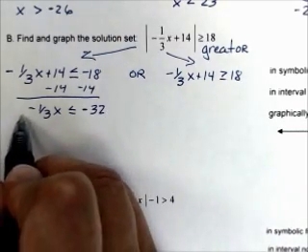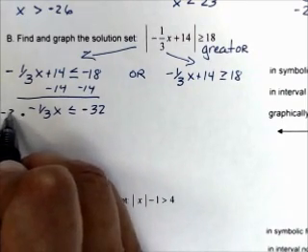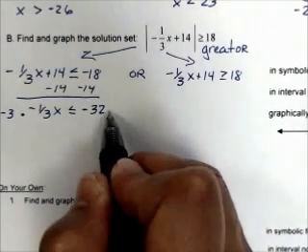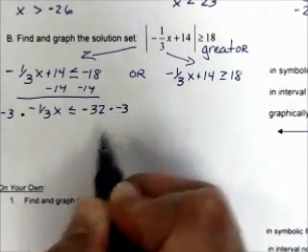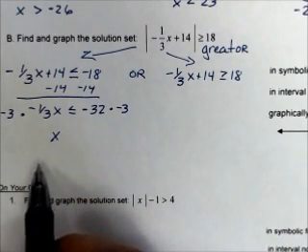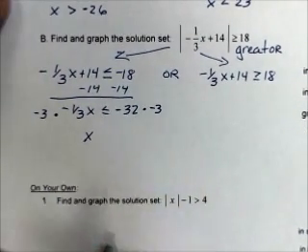I'm going to multiply by negative 3. The reciprocal of negative 1/3 is negative 3 times negative 1/3 x. Now remember, whenever you multiply or divide by a negative, you switch the inequality symbol. So let's make note of that.